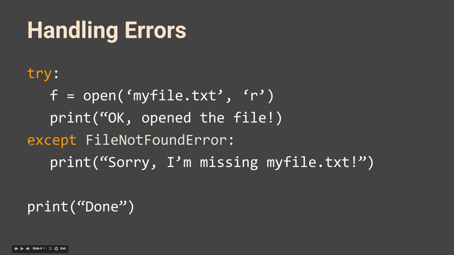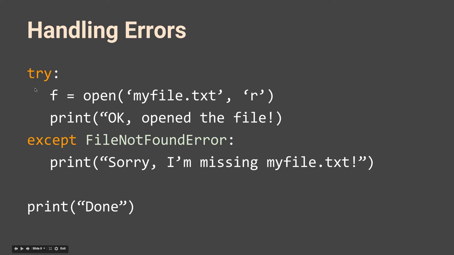What I've done, though, is added two keywords, and basically I've made this code part of a block following a try keyword. The try keyword represents a block of code that we acknowledge could possibly throw an exception.